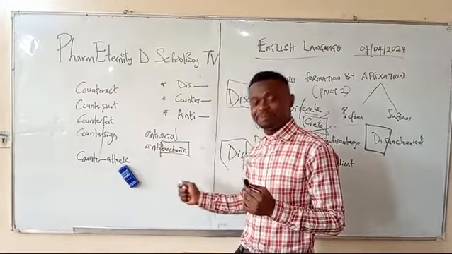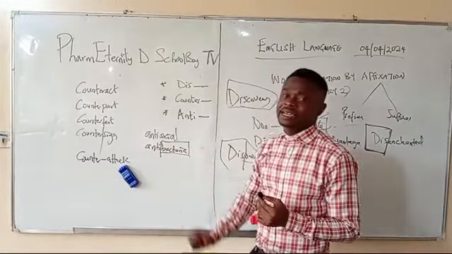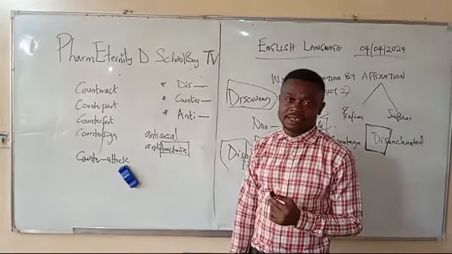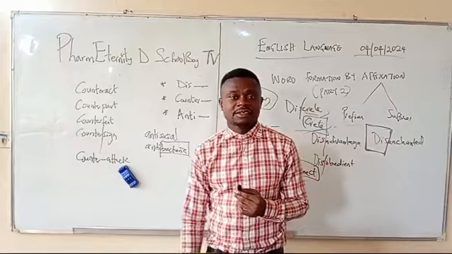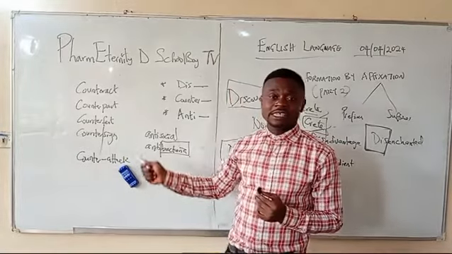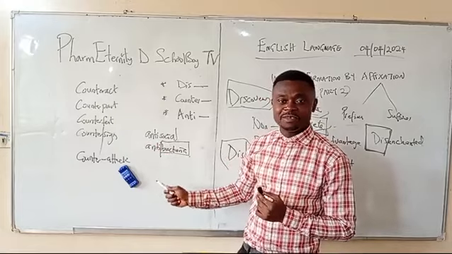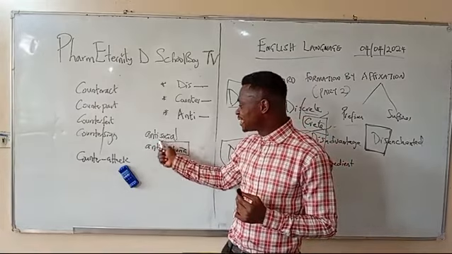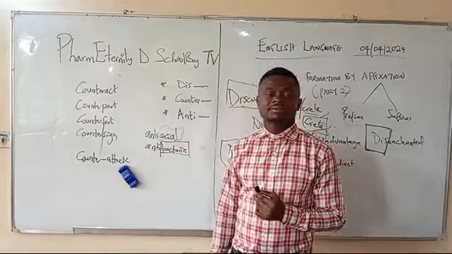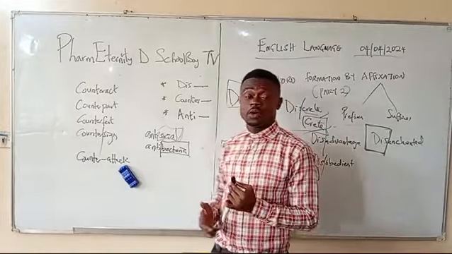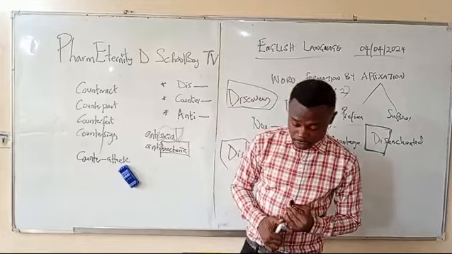It's also against bacteria. Then antisocial. If someone or an activity is antisocial, that means it is against anything social, or the opposite of social. But against goes more than opposite.